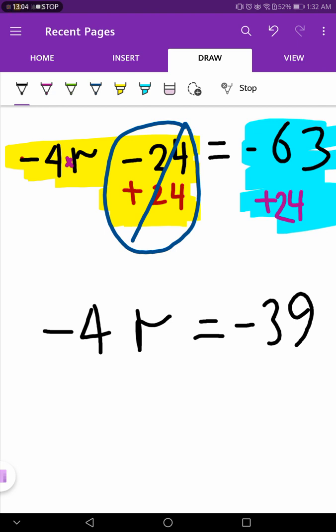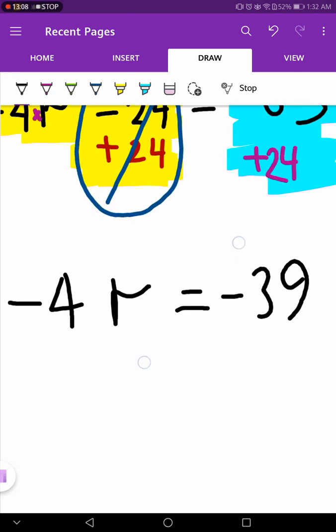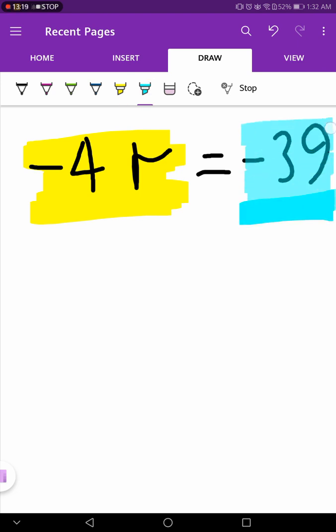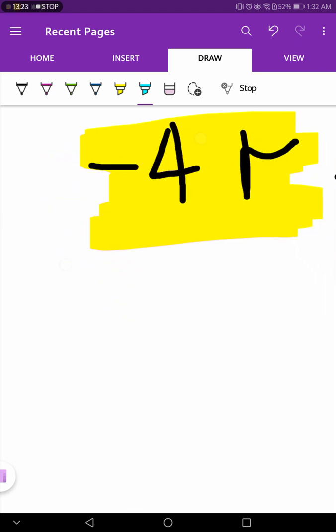Now you know that you have to do the same steps, left side and right side. Okay, move to the side that has a variable, or the letter, which is r here, and see some number stuck with the r by multiplication.